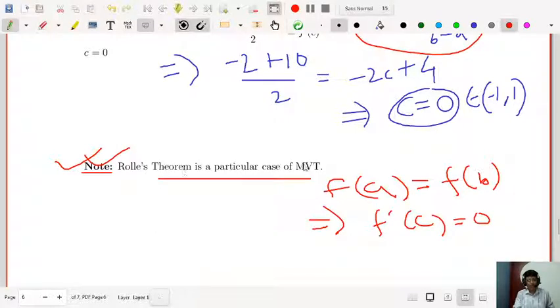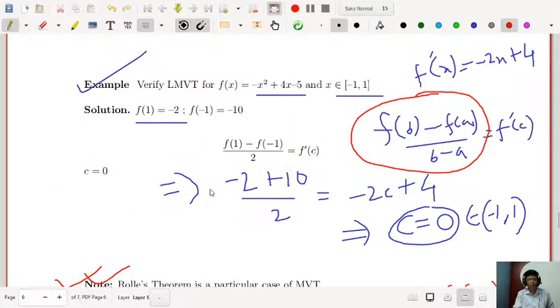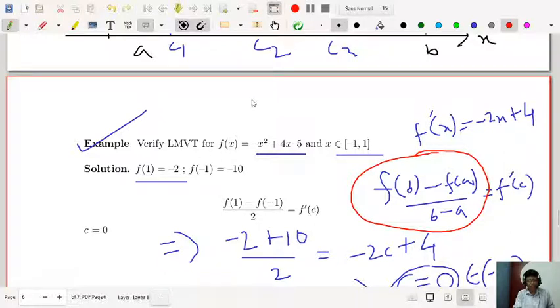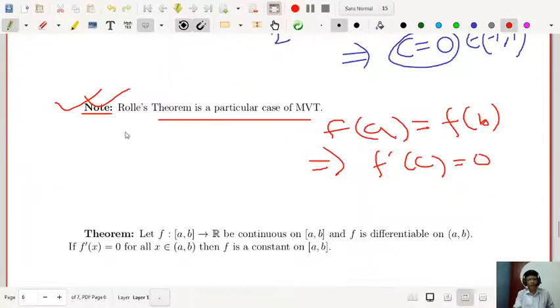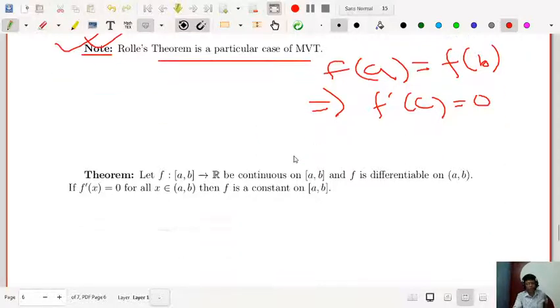Clear? This is a very important conclusion. So this is the verification of Lagrange's mean value theorem, and this is the important note that Rolle's theorem is a special case of Lagrange's mean value theorem.